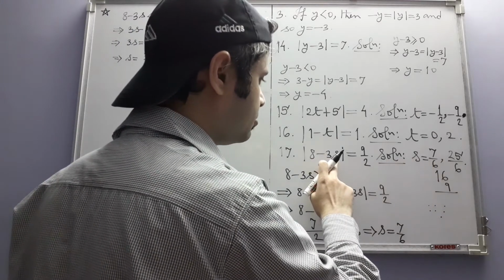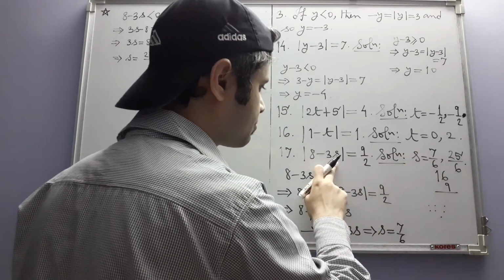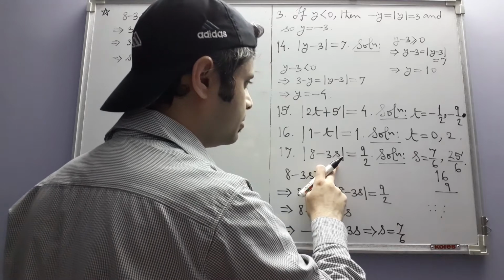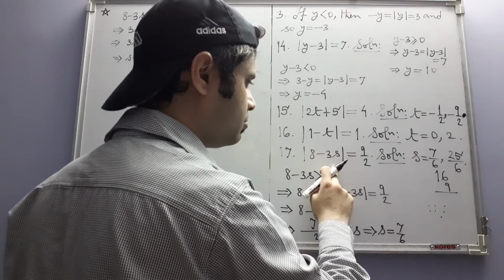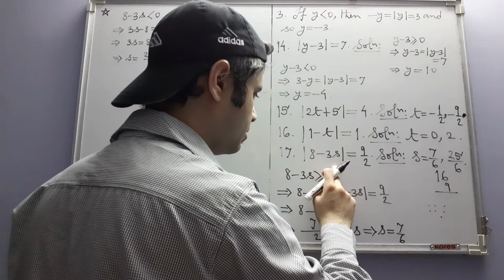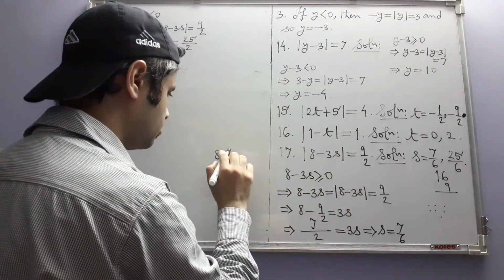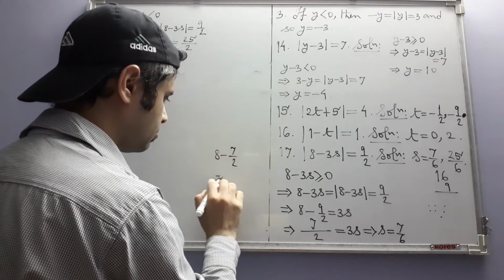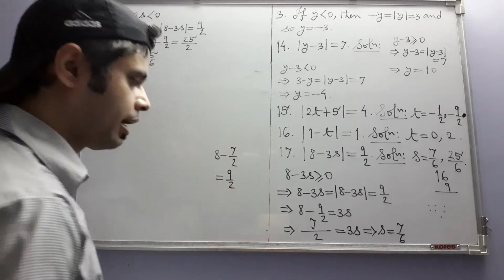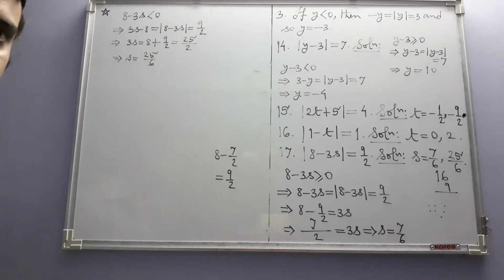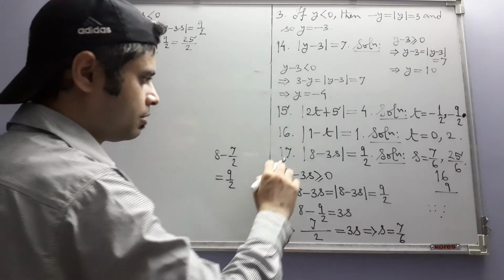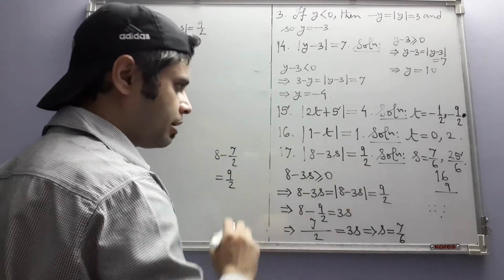If I substitute say 7 by 6 first, then I would get 7 divided by 2. Okay, 8 minus 7 divided by 2. Yes, so I get 9 by 2 because 16 minus 7 is 9. Absolute value of 9 by 2, which is 9 by 2.